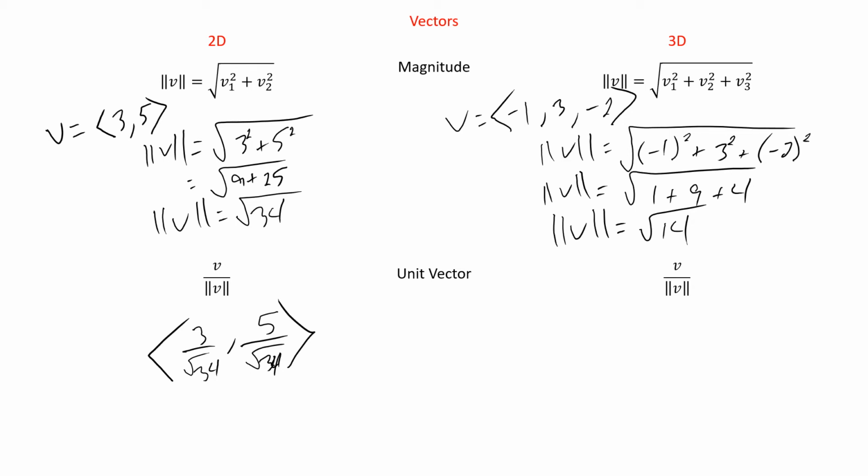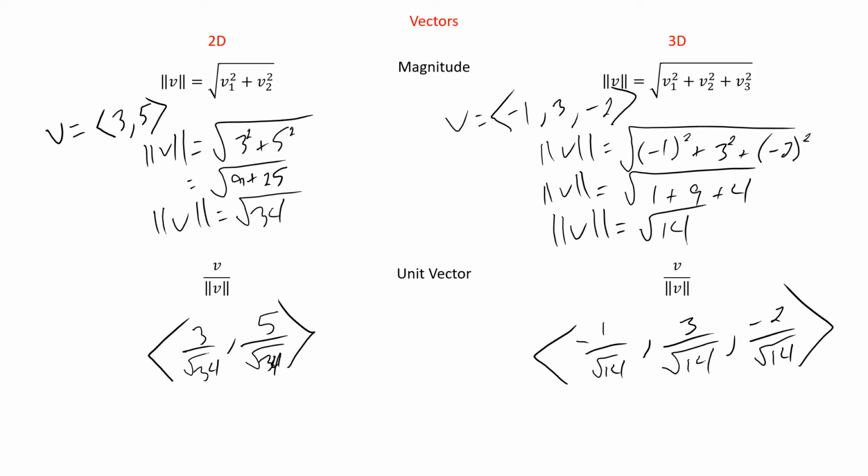And so the unit vector for this one, we're going to have -1 over root 14, comma 3 over root 14, comma -2 over root 14. And that's finding a unit vector in the same direction as a vector. You find the magnitude, divide by the magnitude.